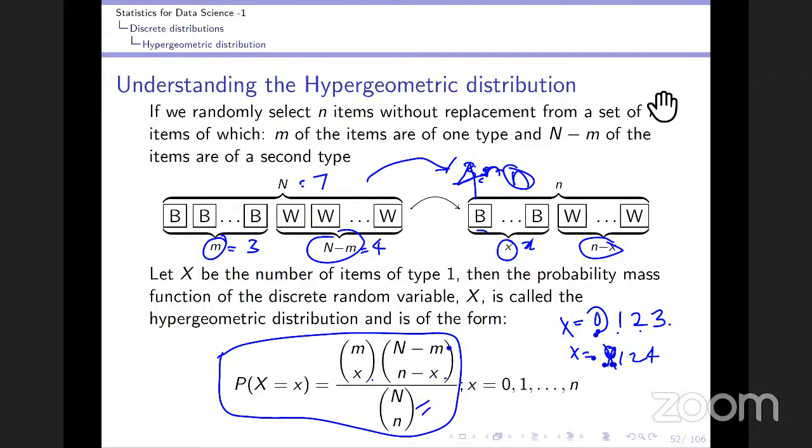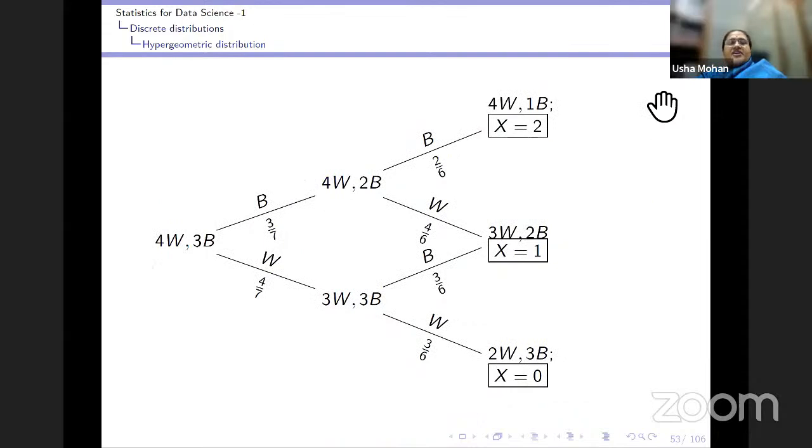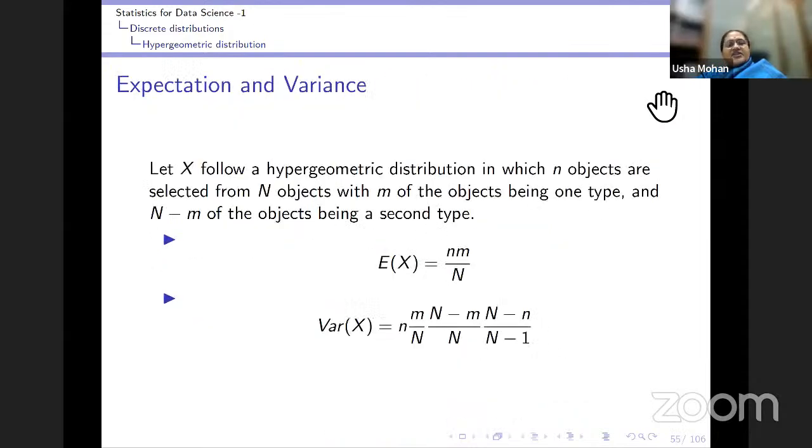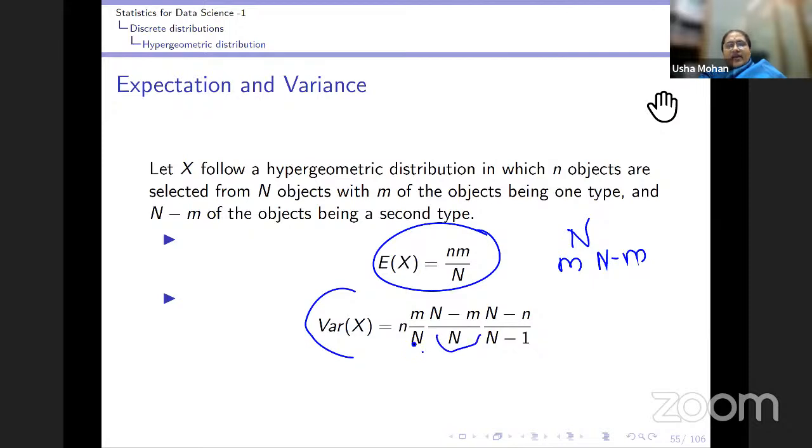So the expectation and variance: if I have m of one type and N minus m of the other type, the expectation is n into m by N, and the variance is n into m by N into N minus m by N. Now I just want you to look at this for a minute.